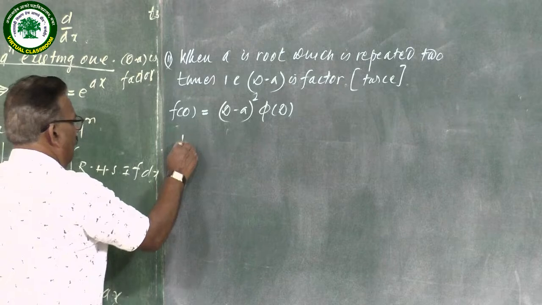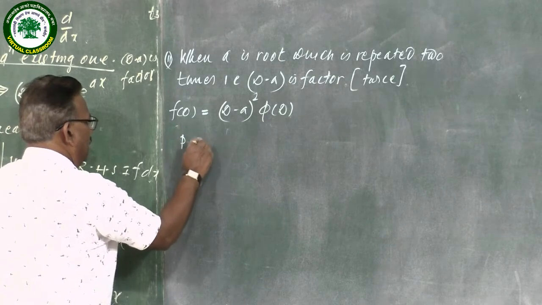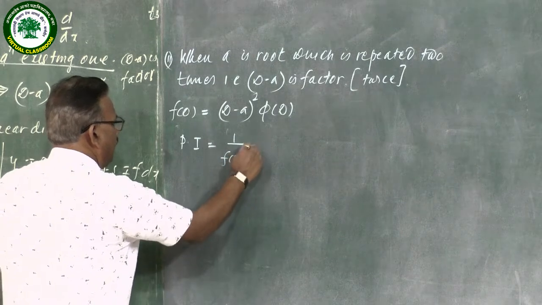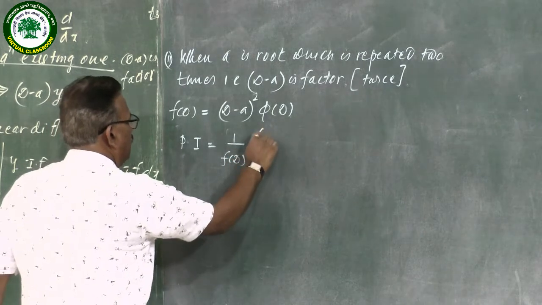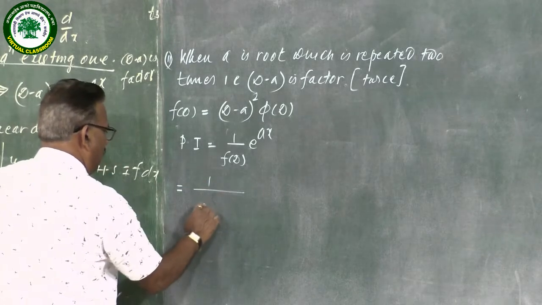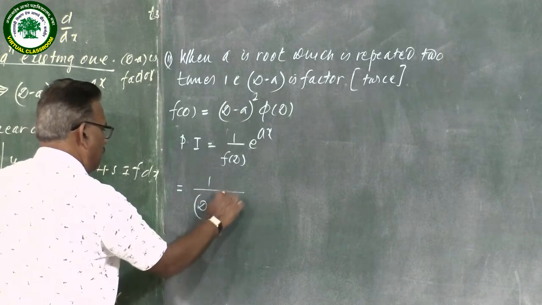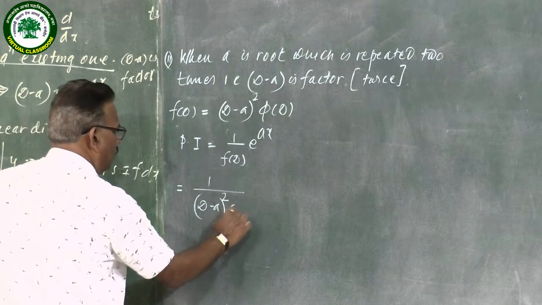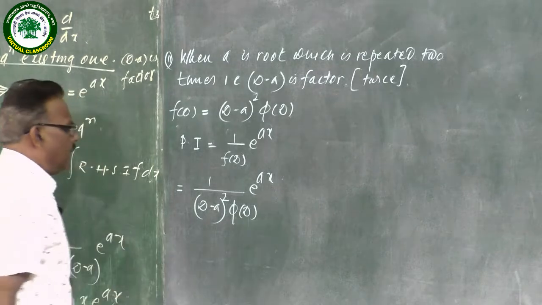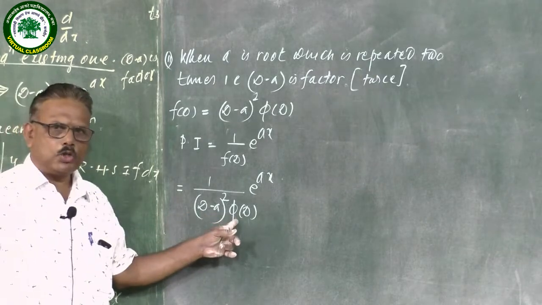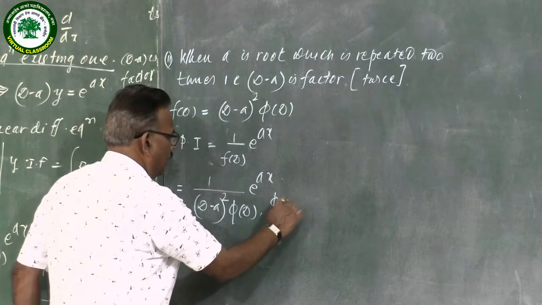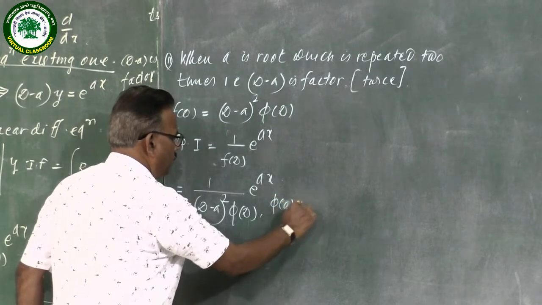Therefore, the particular integral is equal to 1/f(D) e^x, which is equal to 1/((D − a)² φ(D)) e^x. Here φ(D) is not equal to 0, φ(a) not equal to 0.